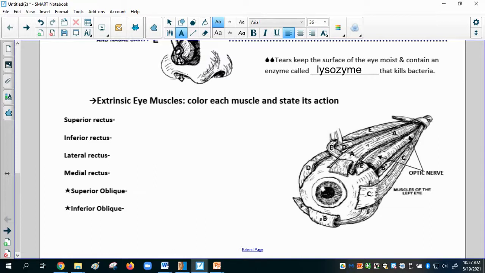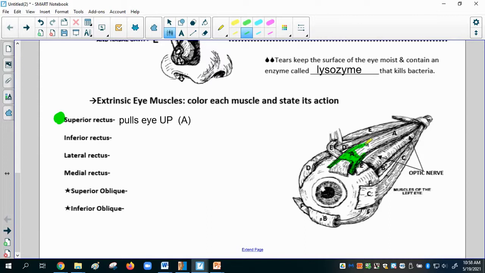So you will look upwards when superior rectus contracts. You can see as I'm coloring the superior rectus that it does stretch straight backwards from the eye. And actually all these muscles are going to surround the optic nerve, which is right here in the center area. So superior rectus pulls the eye up, and it's letter A.